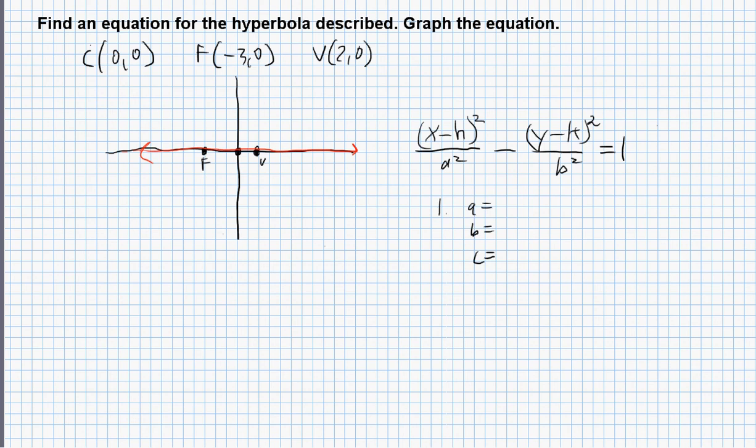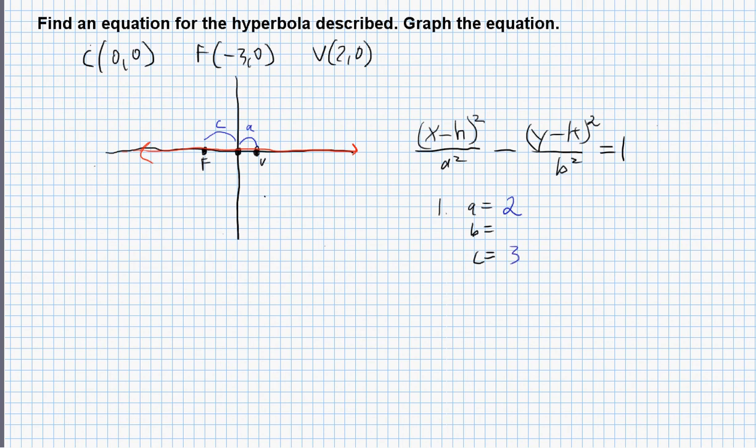Well, we can see from the points that we've plotted already that a is equal to 2, because that's the vertex distance. And we can see here that c, the focal distance, is equal to 3.